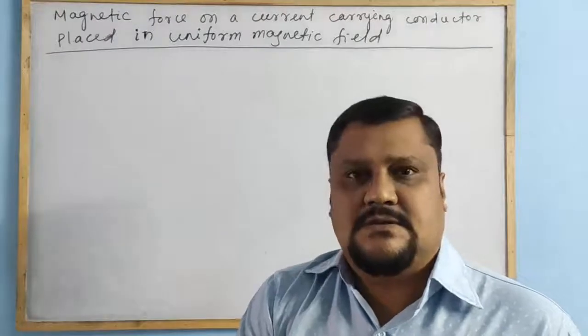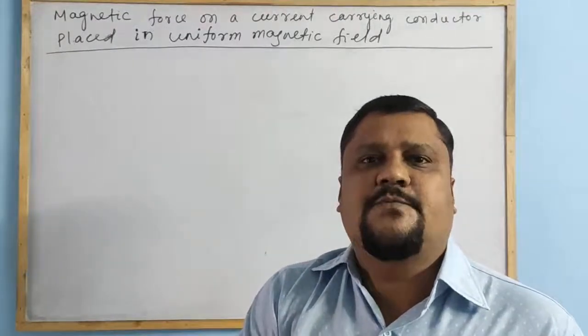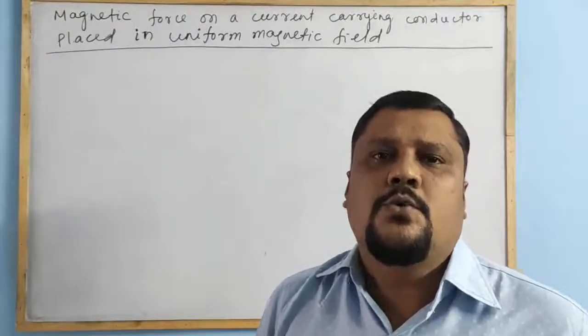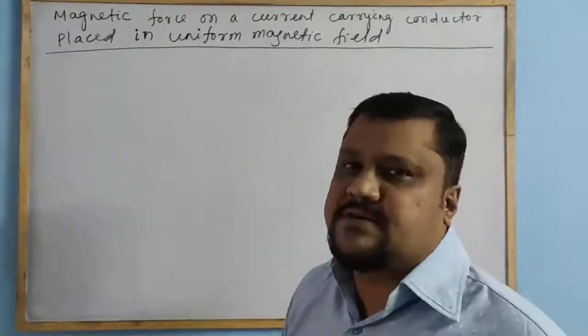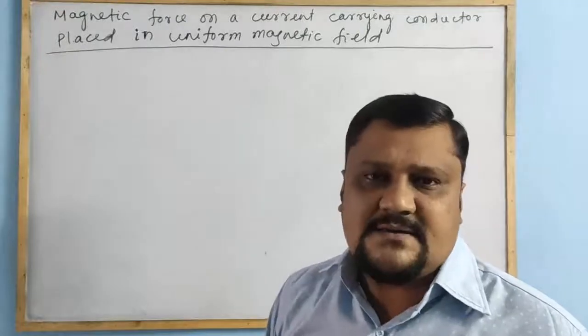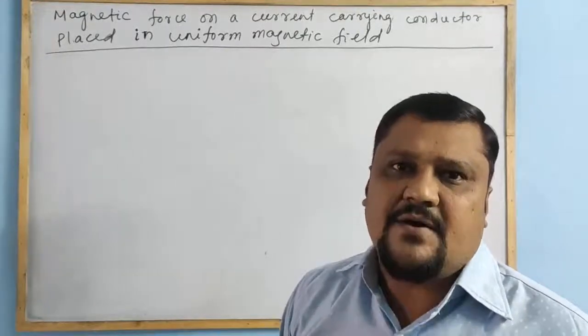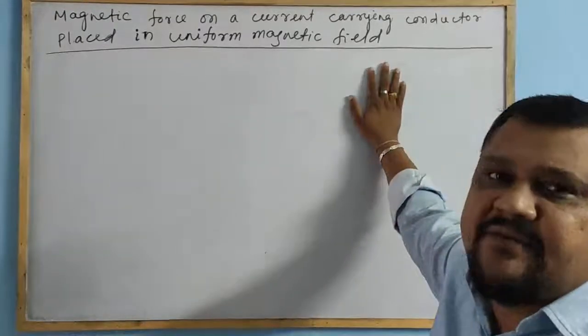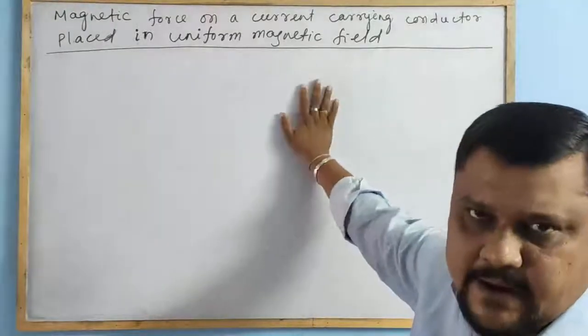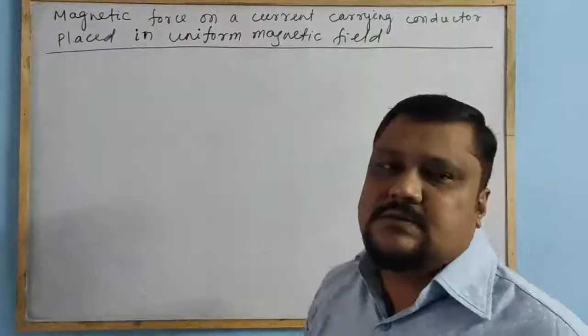That we have discussed: the magnetic Lorentz force, q v cross B. Now here we will discuss not a charge, but a current carrying conductor placed in a uniform magnetic field. What is the force?